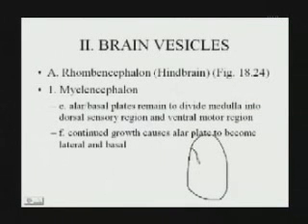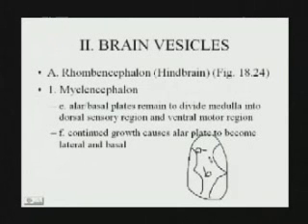You have these alar and basal plates, which are separated by this little groove called the sulcus limitans, and the top plate is the alar plate and the bottom one is the basal plate.